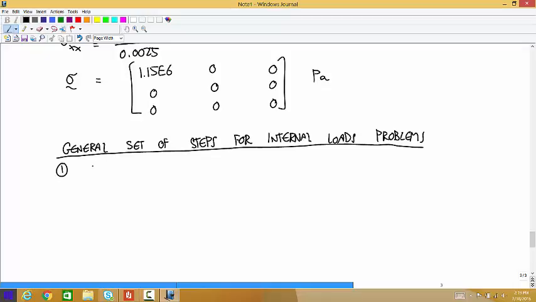So first, calculate the external loads on the beam. If the only external loads are at the extreme right end of the beam, you can skip that step, but it never hurts to do it.